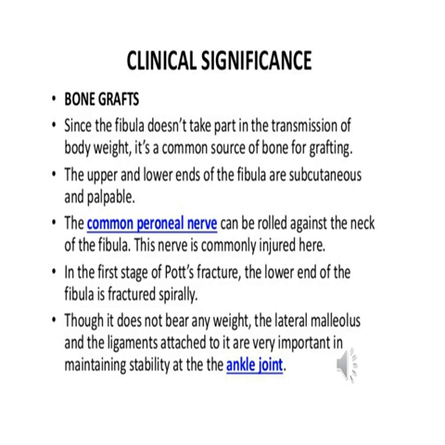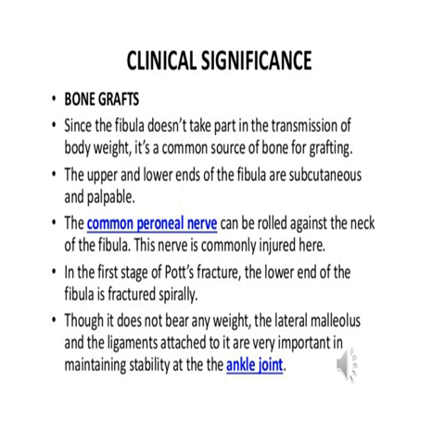The other important feature is that the common peroneal nerve winds around the neck of the fibula, so this nerve is commonly injured here. And in the first stage of Pott's fracture, which you will study later, the lower end of the fibula is fractured spirally.